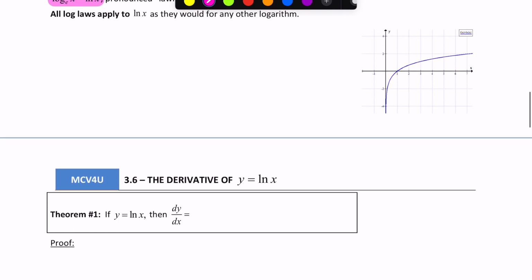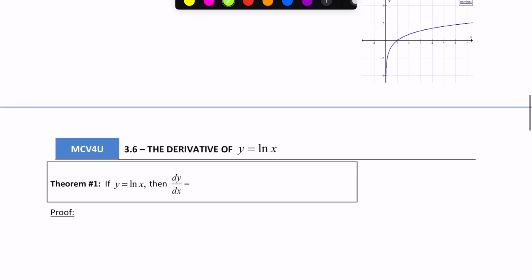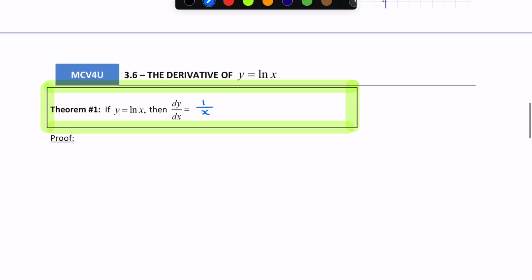Okay, so if we look at this first theorem here, you see that if y is equal to ln x, then dy over dx is equal to 1 over x. Let's look at the proof.